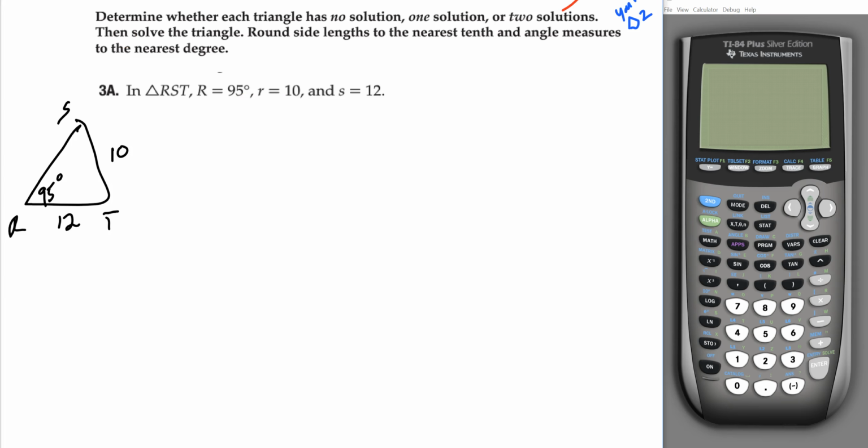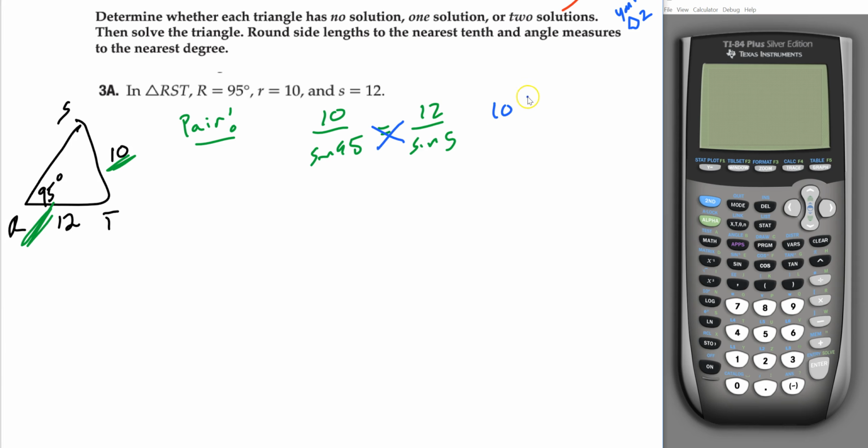So do what we normally do. Let's see if you have a pair. I do have the r's pair. So I'm going to do 10 over sine of 95 equals 12 over sine of s. Now this one, I'm looking for sine of s. That's on the bottom, so I am going to go ahead and cross multiply.